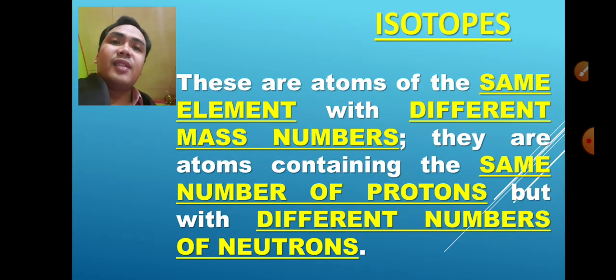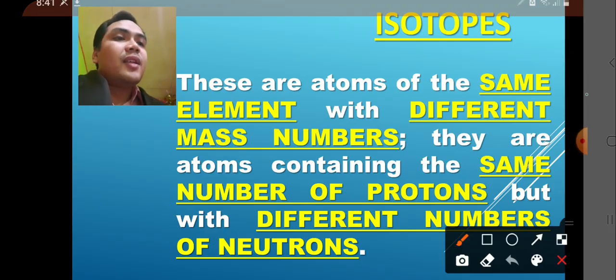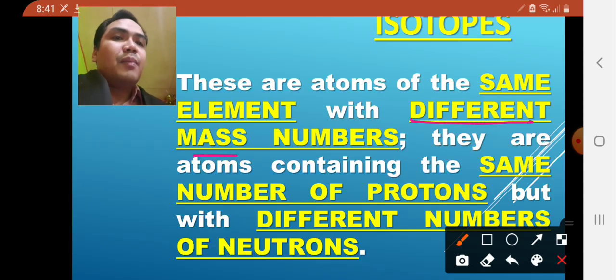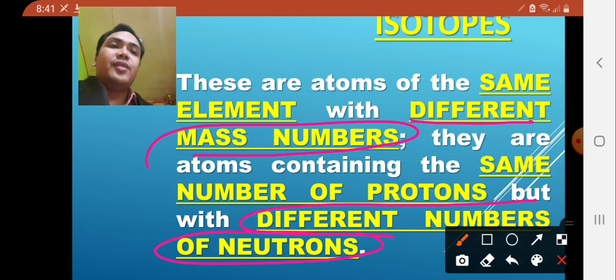Okay, in our example, all of the three atoms are hydrogen atoms. However, these hydrogen atoms consist of different mass numbers because they have different numbers of neutrons. So they have the same number of protons but with different numbers of neutrons. So this is the basic definition of an isotope.